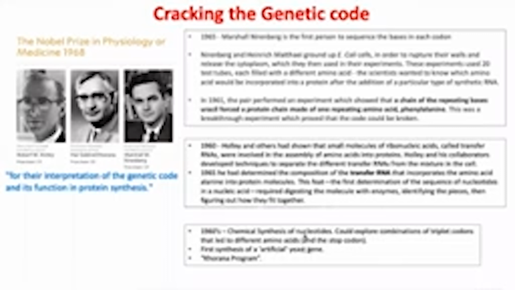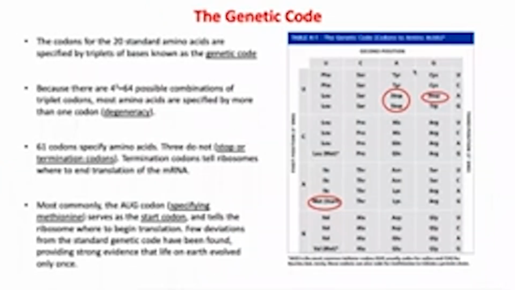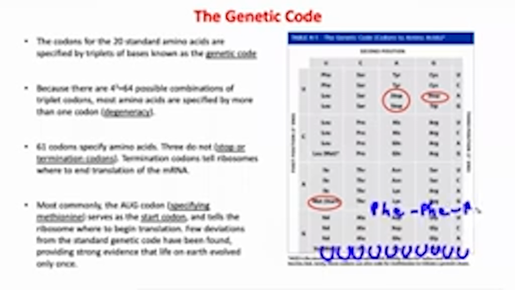And this was a very important step because if you synthesize nucleotides and you put them in an extract which contains a ribosome, then depending on what kind of nucleotides you synthesize, for example, I'll give you an example up there. As I told you, UUU was phenylalanine. If you make a nucleotide which is UUU, just a series of U's, and then you put it inside an extract with a ribosome, and you look at what polypeptide is synthesized, you find out that the only amino acid which you see is Phe, right?